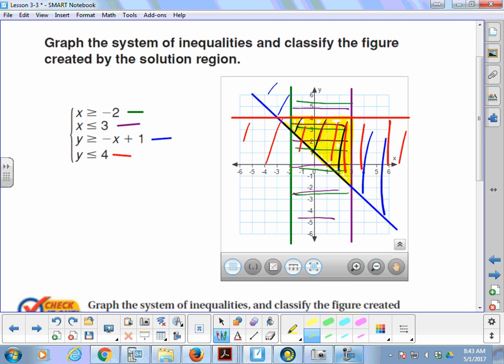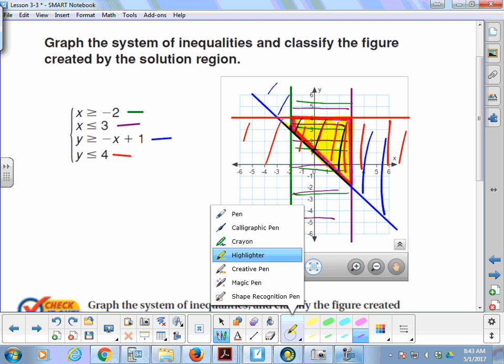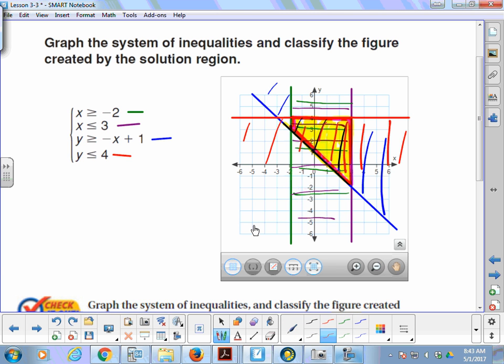It gets a little bit trickier making sure you've got the right area, so it's a good idea to emphasize that with one color, just to make sure. You can see that one there. So what is that thing? It's a four-sided figure.